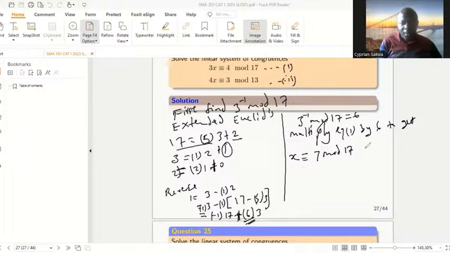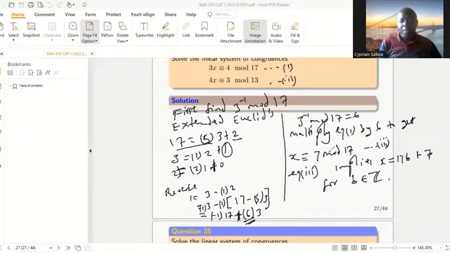Now, what does this equation 3 mean? Equation 3 implies that x is the same as 17b plus 7 for some integer b.